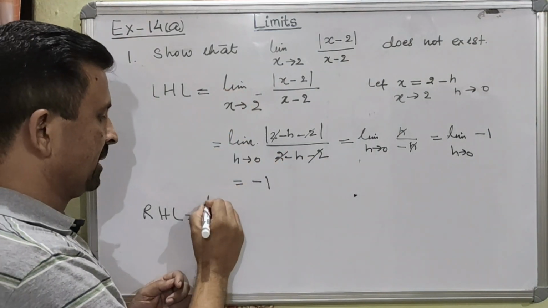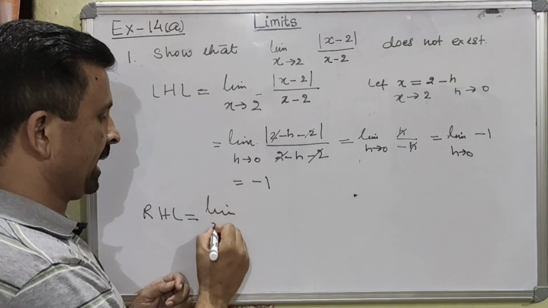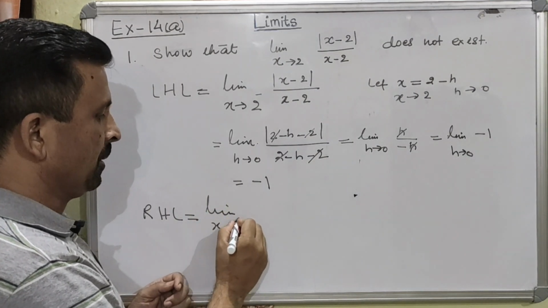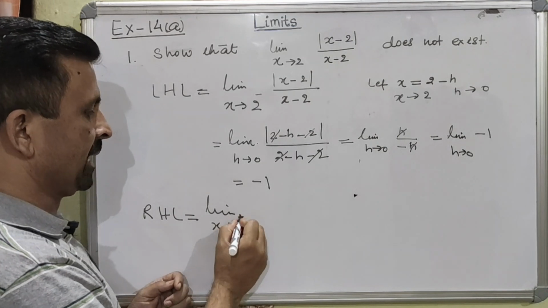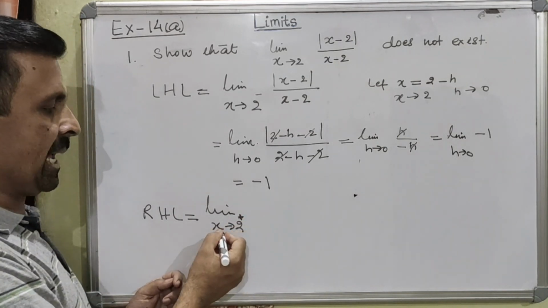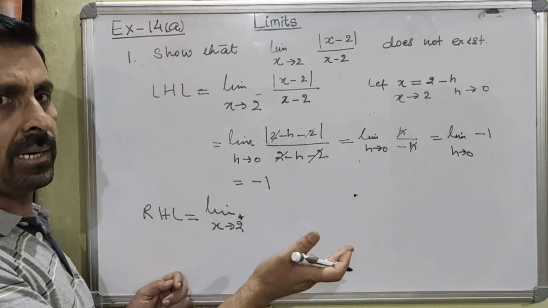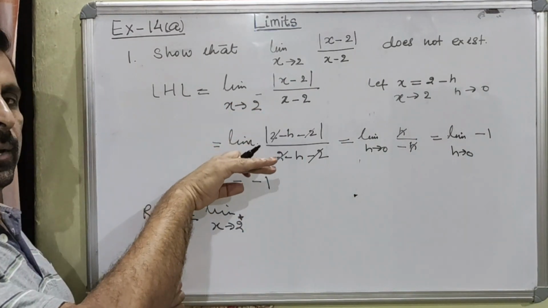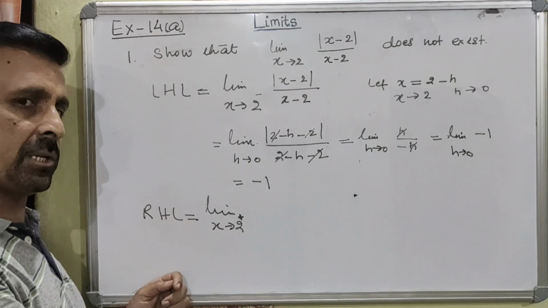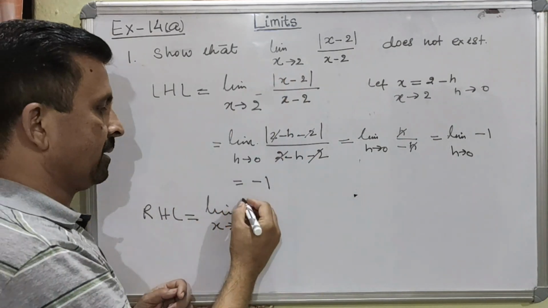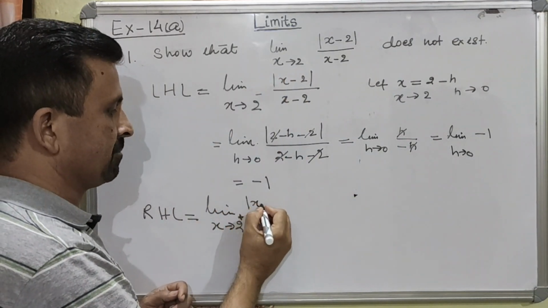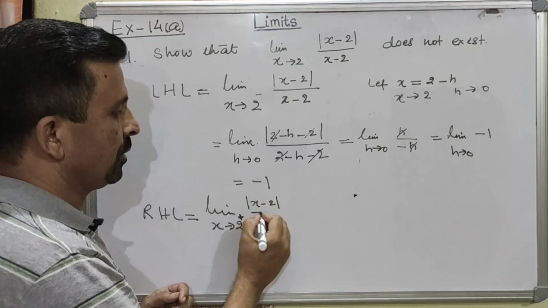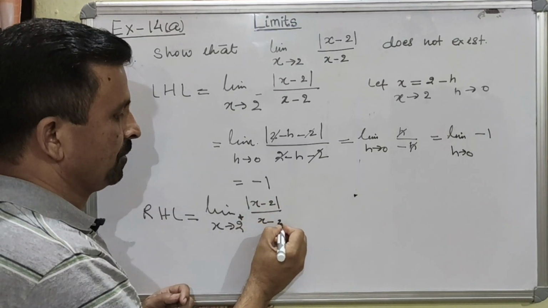Therefore, we will write this as limit x tending to 2 plus. That means this x is a little bit more than 2. Earlier it was a little bit less than 2, because you were approaching from the left side, and now you are approaching from the right side. Then we will rewrite the question: |x minus 2| over x minus 2.